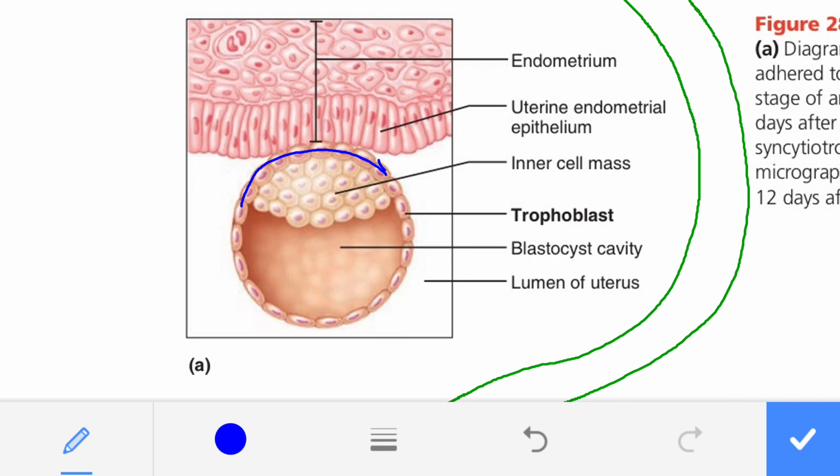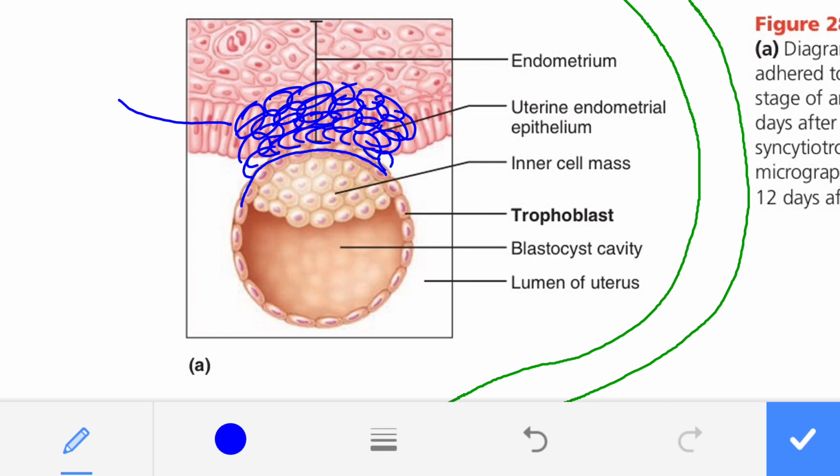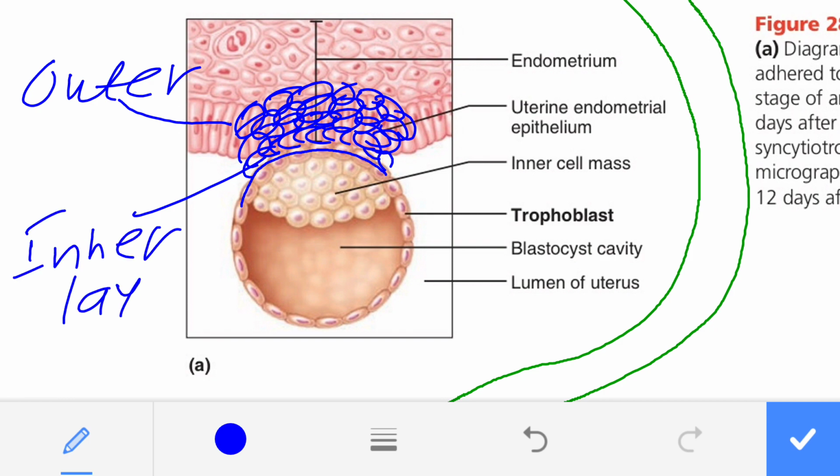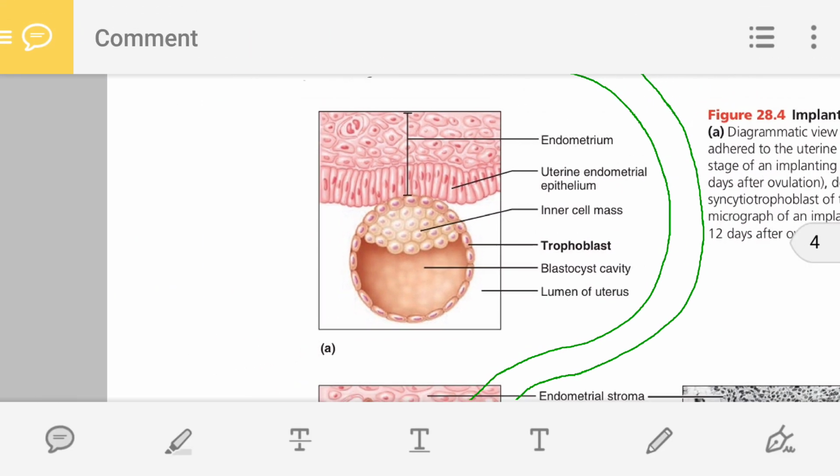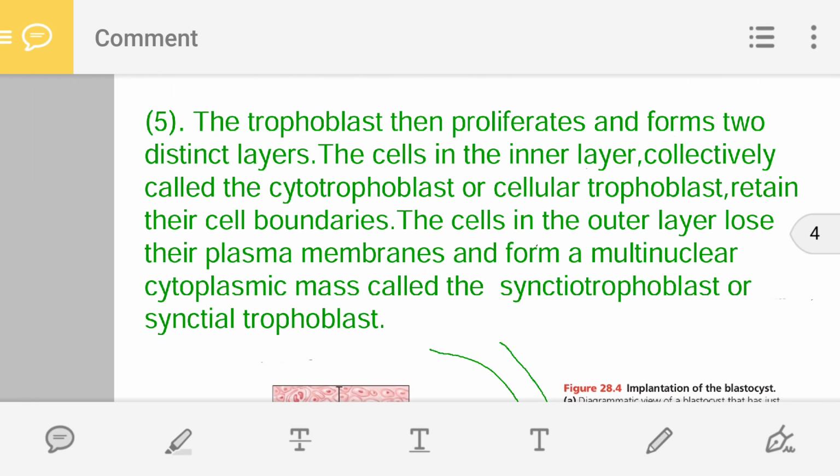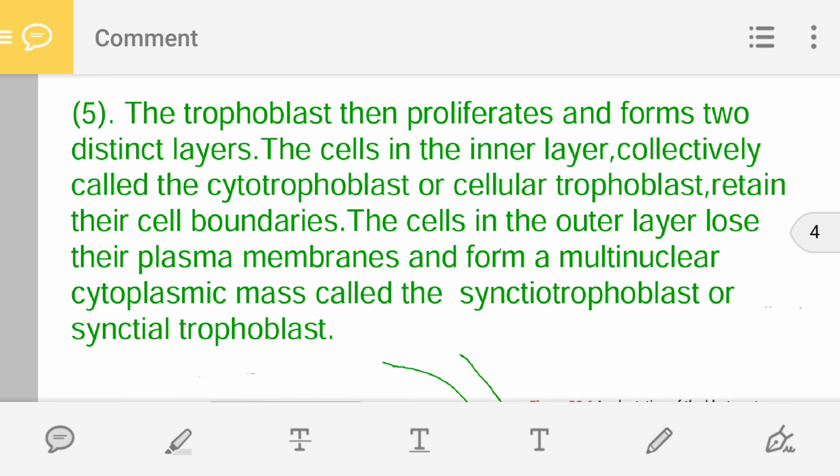That means the trophoblast cells start to divide mitotically. So many cells are produced by this cell division, and these cells are arranged in two layers. This layer we can say is the outer layer, and this layer is the inner cellular layer. So this is our fifth point.